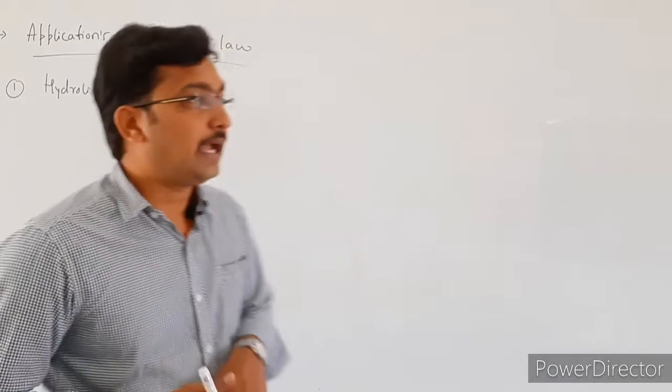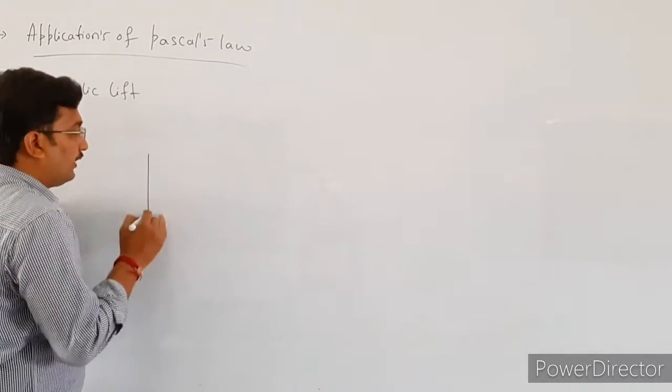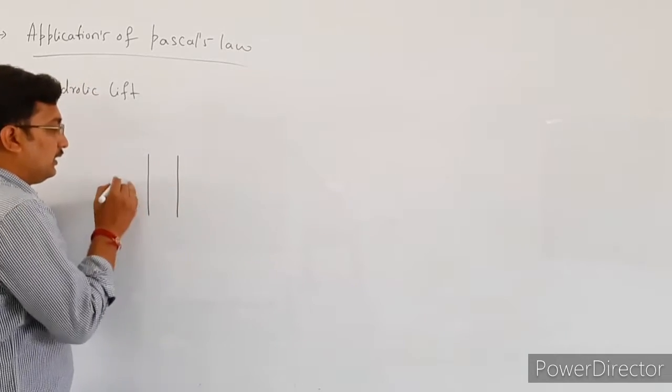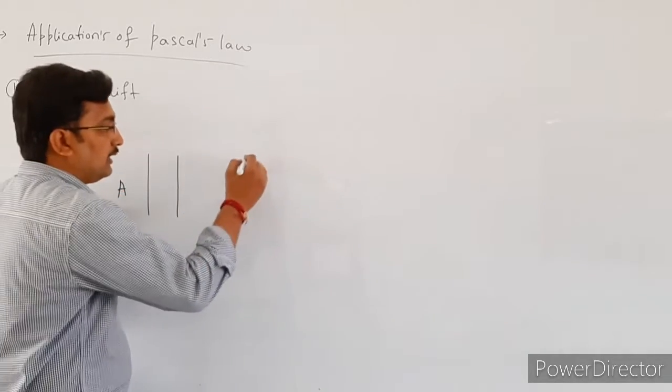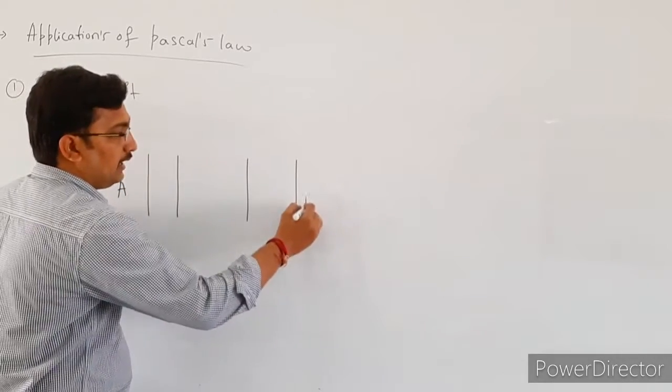Okay, see here, the hydraulic lift consists of two cylinders of different cross-sectional areas. This is the first cylinder A and this is the second cylinder B, right.